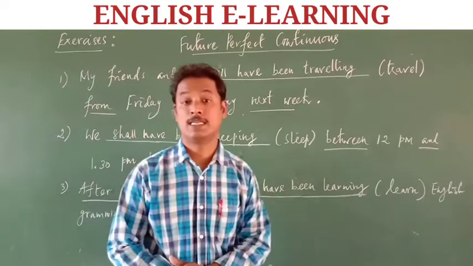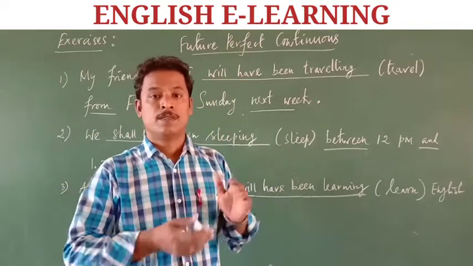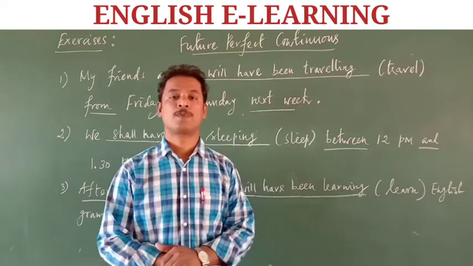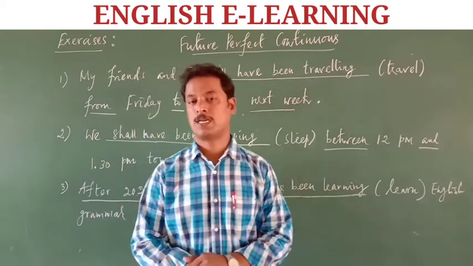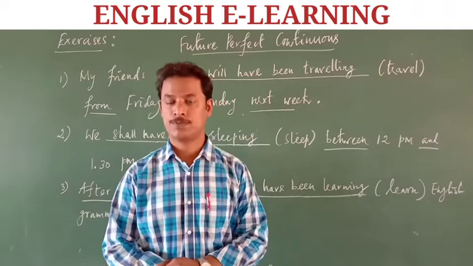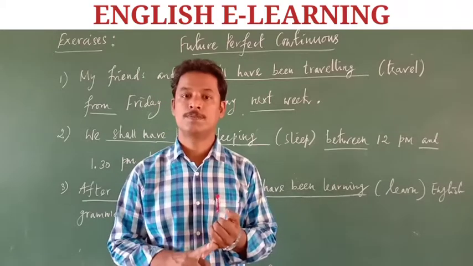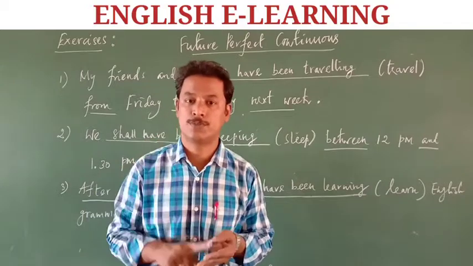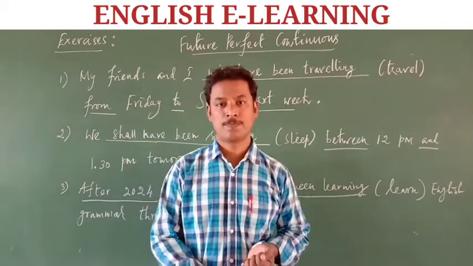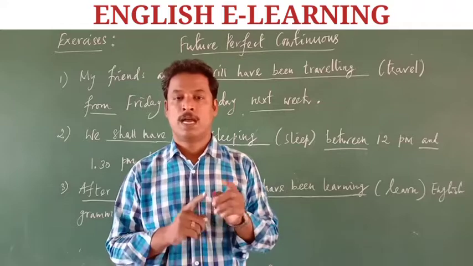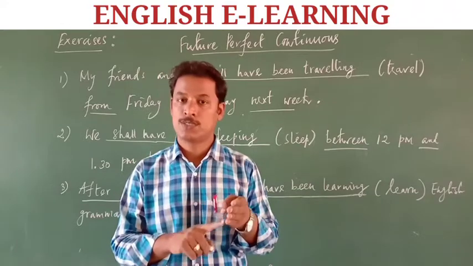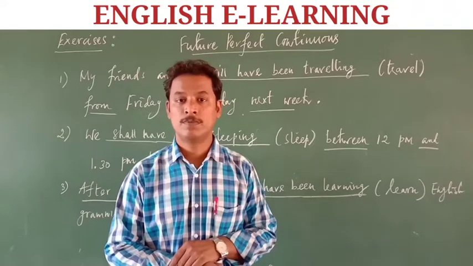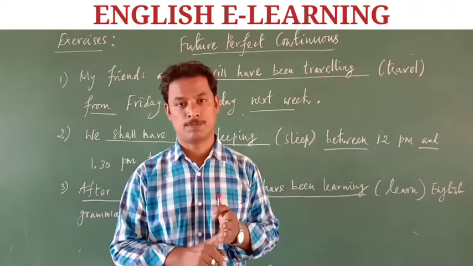Right. We can differentiate the tense forms, especially in future tense. So remember, there are 4 tense forms in future. Future simple, future continuous, future perfect, and the last one is future perfect continuous. We have active voice for these 4 tense forms, but we have passive form for only 2 tense forms.